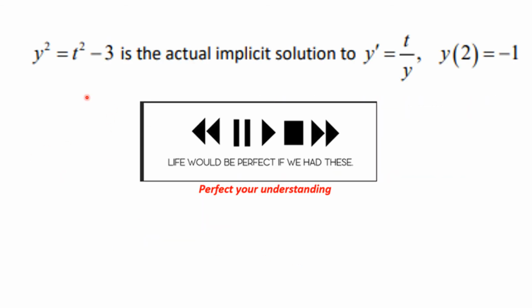We're to show here that this expression is the actual implicit solution to this differential equation and this initial condition. Now, when we say implicit, it means we're not solving for y. We're just trying to show that this does satisfy both the initial condition and the differential equation. You know what to do. Let's see how you did.